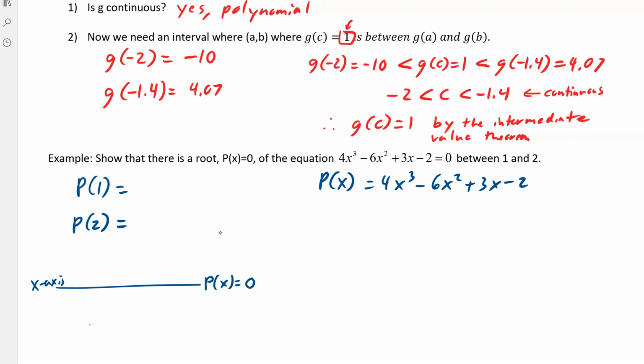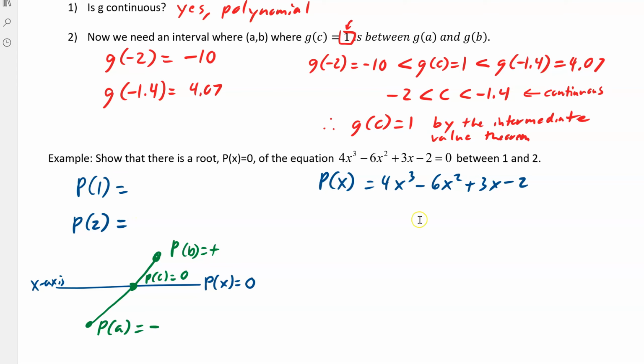And so when our function comes through here, it just needs a p of b equal to a positive, and a p of a equal to a negative. And it doesn't matter the order of these two, it just has to be one negative, one positive, because to go from a negative to a positive, you have to cross through 0. So that would show that there is a p of c of 0.